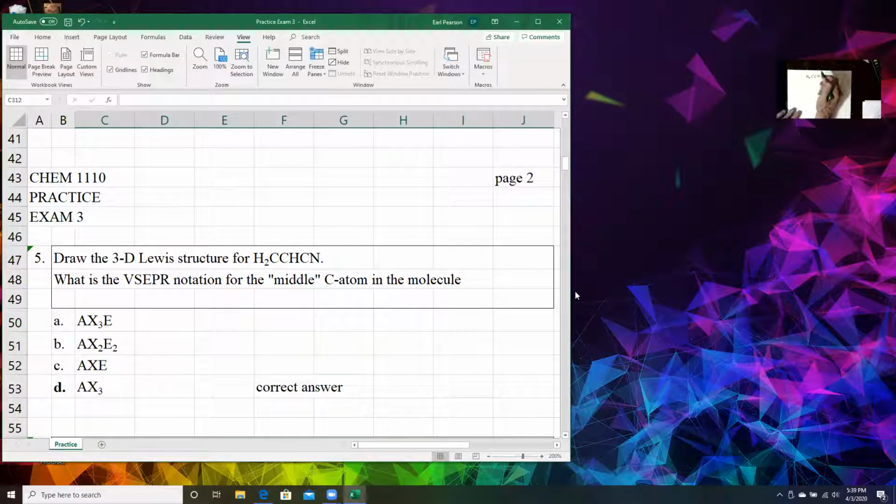Now, we want the VSEPR for the middle carbon atom. This is number 5. Now let's switch back so you can see my pad as I explain it to you.